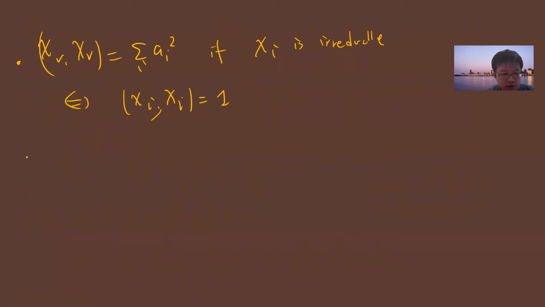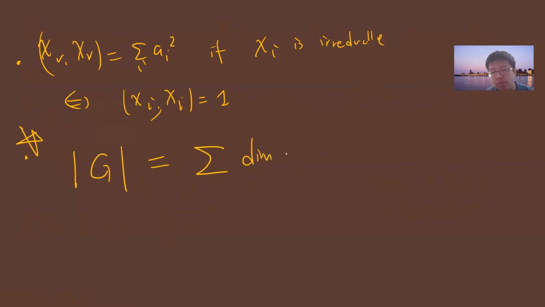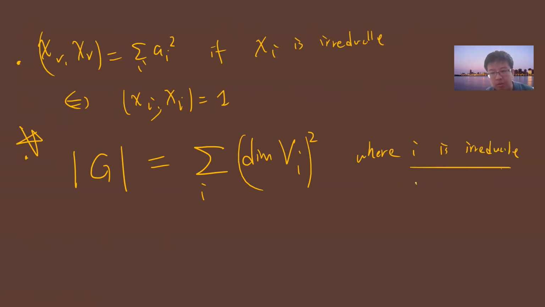Okay, the next thing that we will prove is the most important result: that the number of elements of G, which is the order of G, will just be the sum of the dimensions squared of all the irreducible representations. That is, the sum of dim V_i squared, where i ranges over irreps.